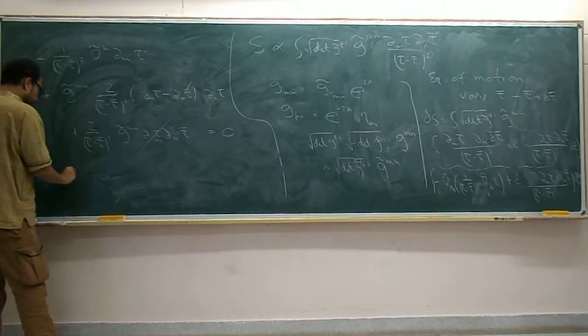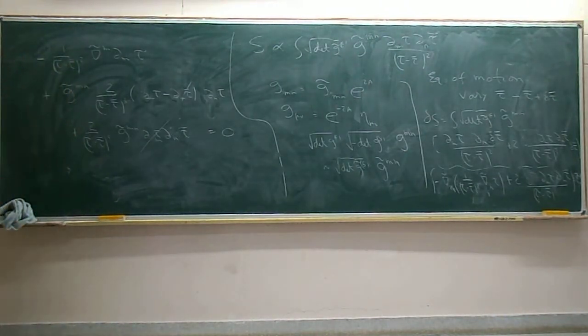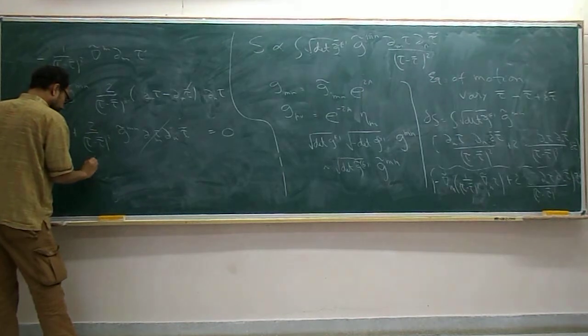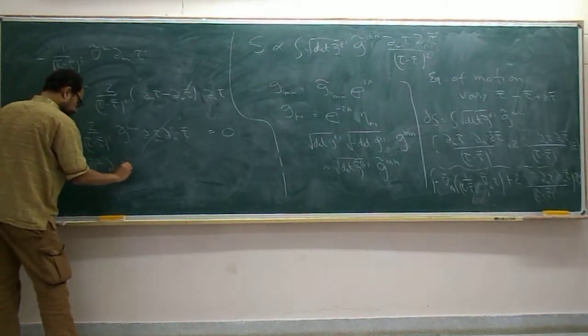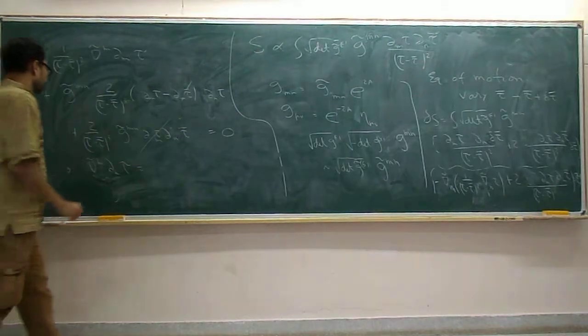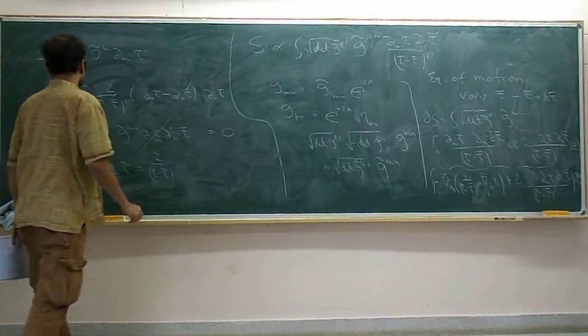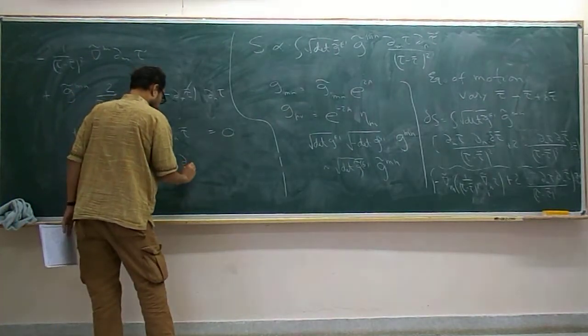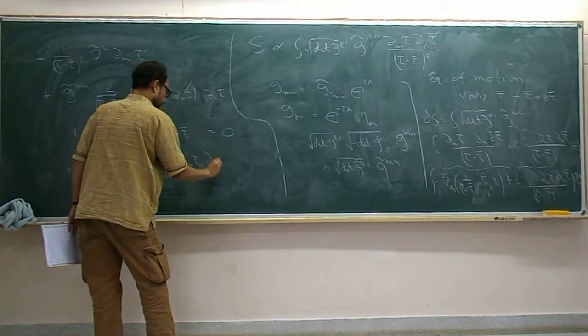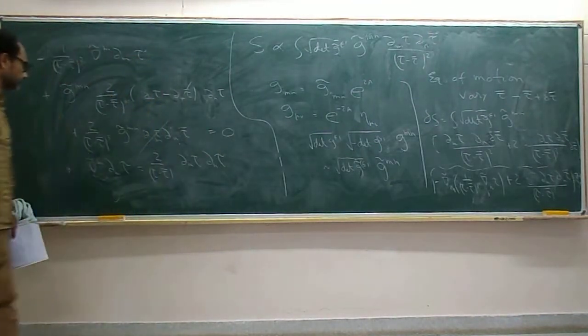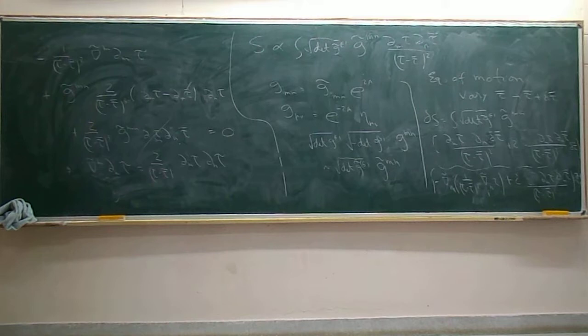And now we are left with an equation. Now (tau minus tau bar) squared you can multiply by. Is this okay?